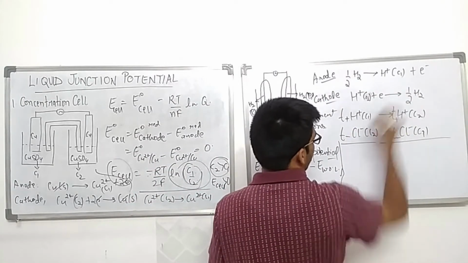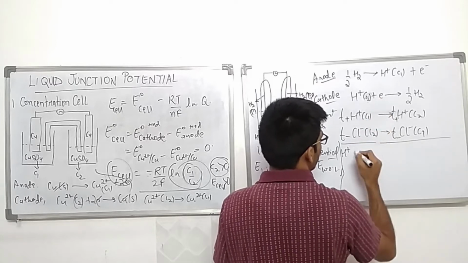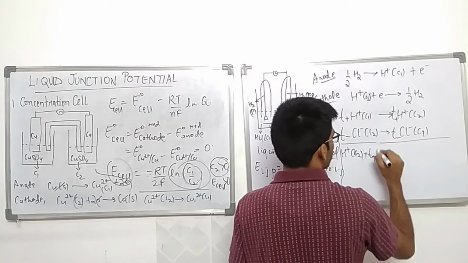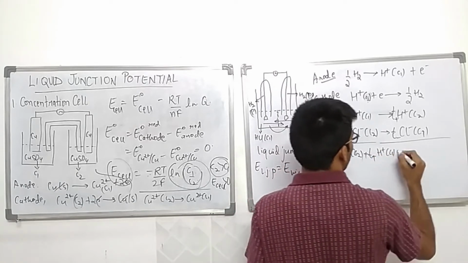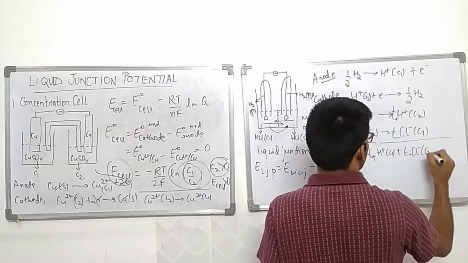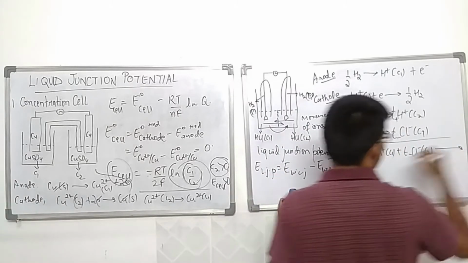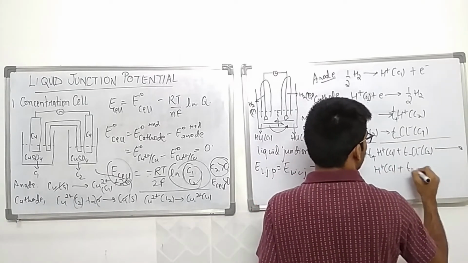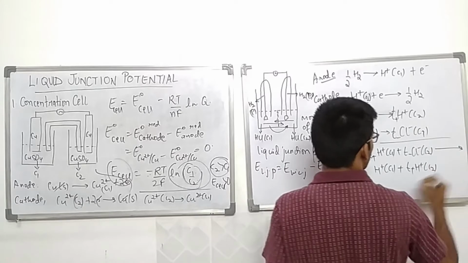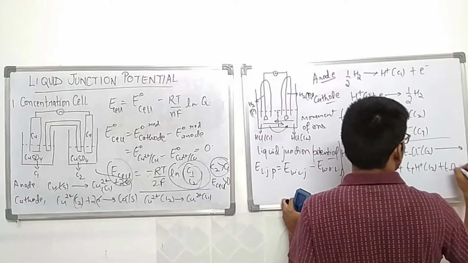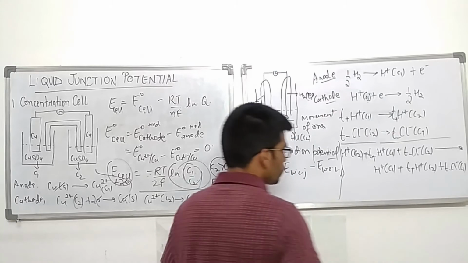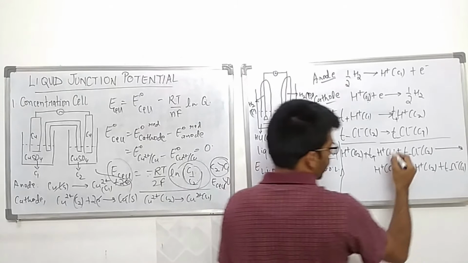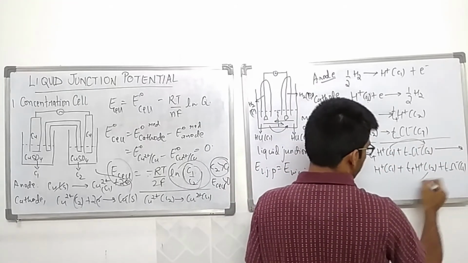So I will get H plus C2 plus T plus H plus at C1 plus T minus Cl minus at C2 gives H plus C1 plus T plus H plus C2 plus T minus Cl minus C1. Okay, we would want all the concentration terms of the same type to be on one side, so I take C1 to one side and C2 to the other side.